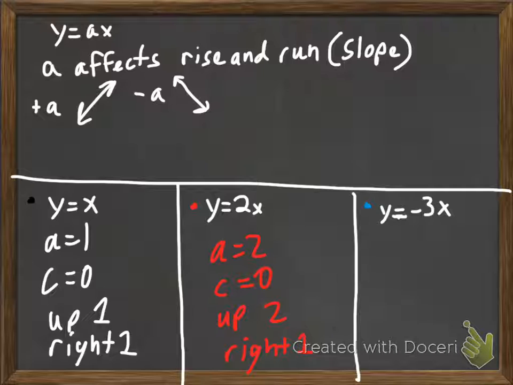Now we're going to look at y equals negative 3x. That was kind of foreshadowing, I said the negative 3 thing. So we have a is negative 3, our c is also 0. So that means we're going to go down 3, and we're still going to go right 1.